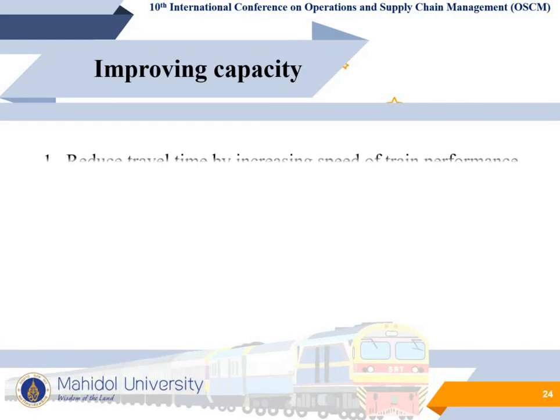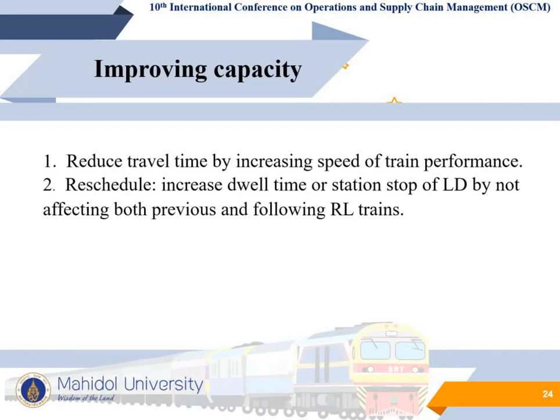Improving capacity and reducing travel time by increasing speed to obtain performance. Reschedule: increase dwell time at station stops of LD without affecting both tourists and the following RL10.